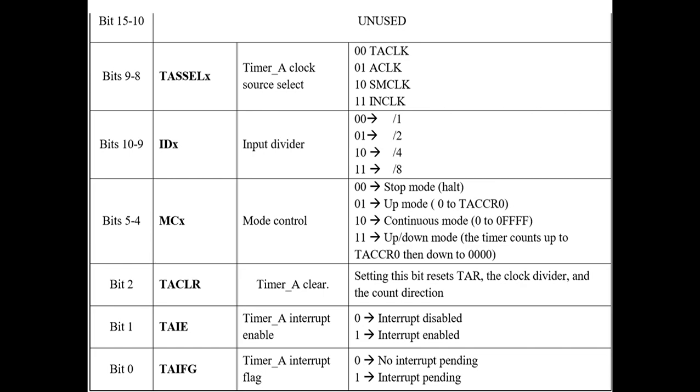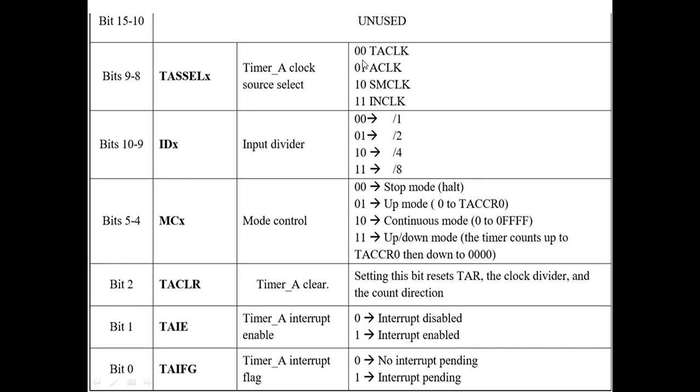So we can select the clock signal from either the internal system, that is the auxiliary clock system or submain clock system, or we can source the clock signal from external signals, that is the timer A clock signal or input clock signal.